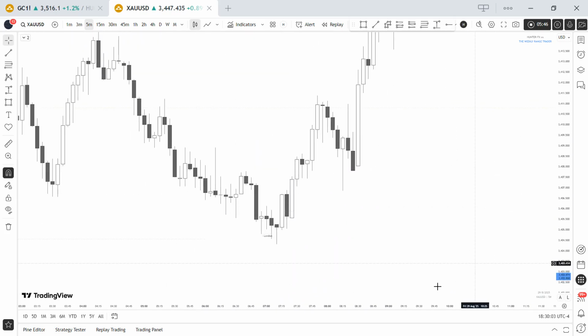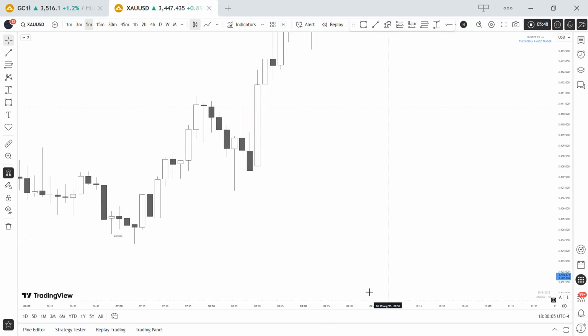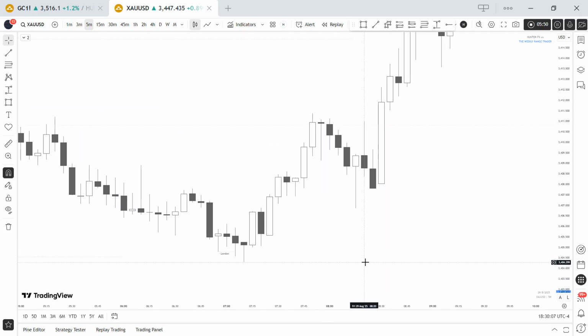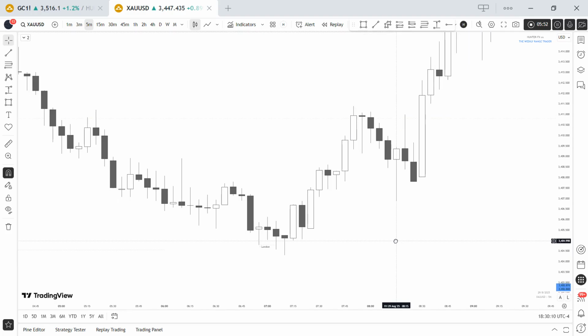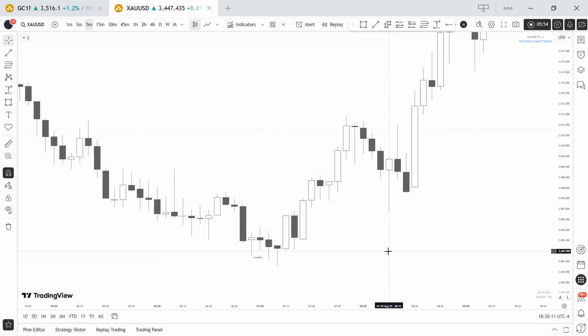So yes, this is ICT. This is for ICT traders basically who are struggling with ICT. So what I want is this 7 candle to close above. Remember, that is candle number 2.